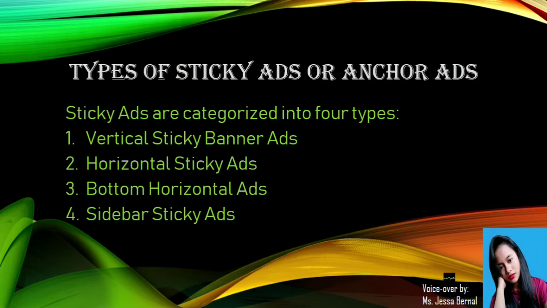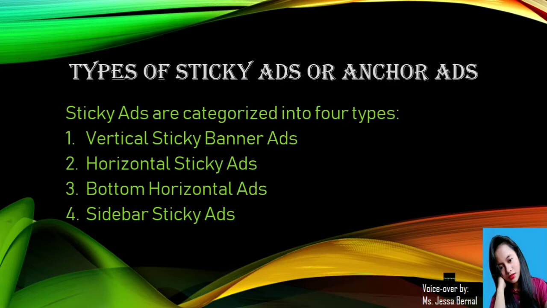Vertical sticky banner ads. These are portrait size ads that continue to exist on the sides of a web page. These ads can be seen on the right side or left side of a page. Horizontal sticky ads. These are landscape size ads that continue to stay at the top of a web page.